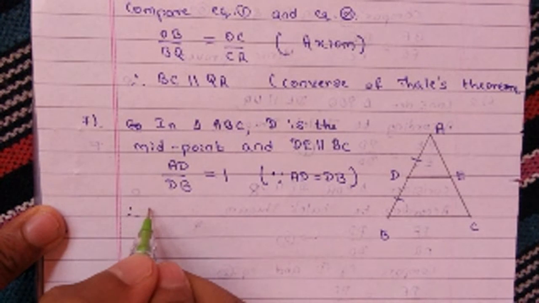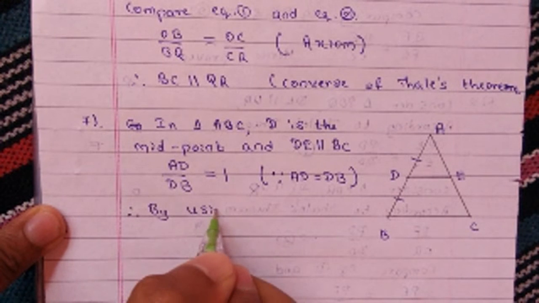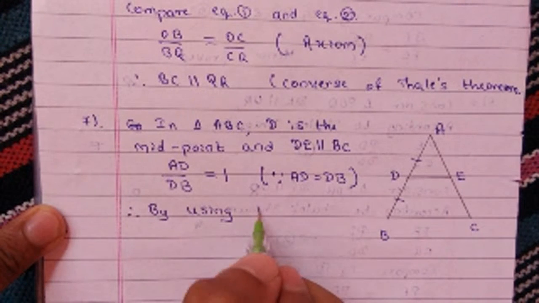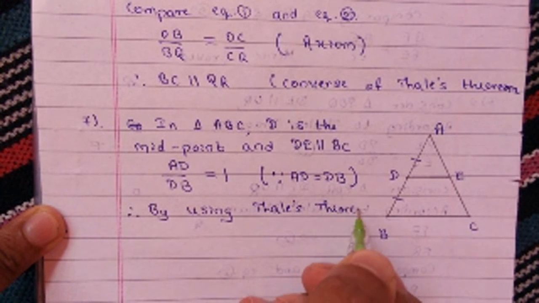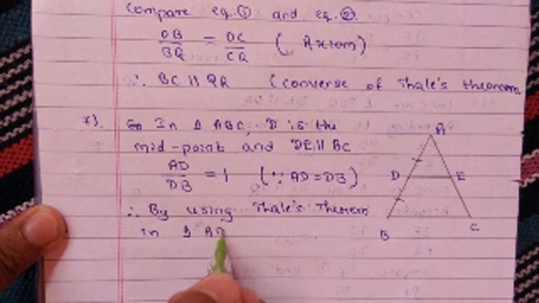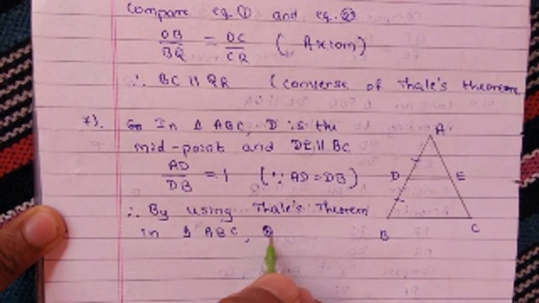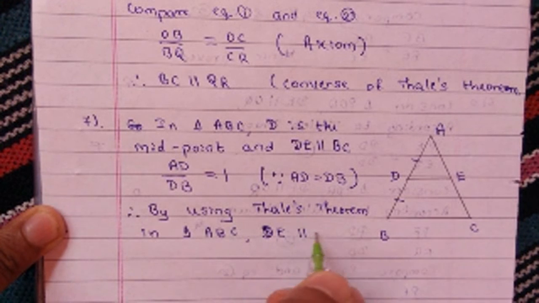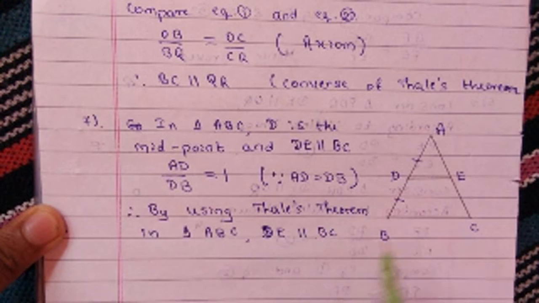Therefore, by using Thales theorem, in triangle ABC, where DE is parallel to BC, what happens?